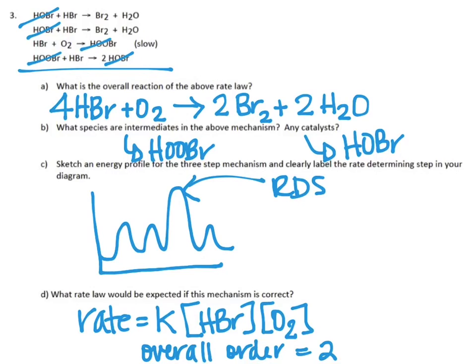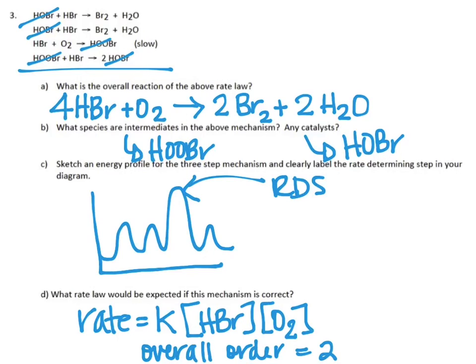So let me tell you what order actually is. Order just means it's based on how fast the reaction is going to go, based on your concentration. If you have a zero order, that means no matter how much I keep putting into the reaction, it's not going to speed up.